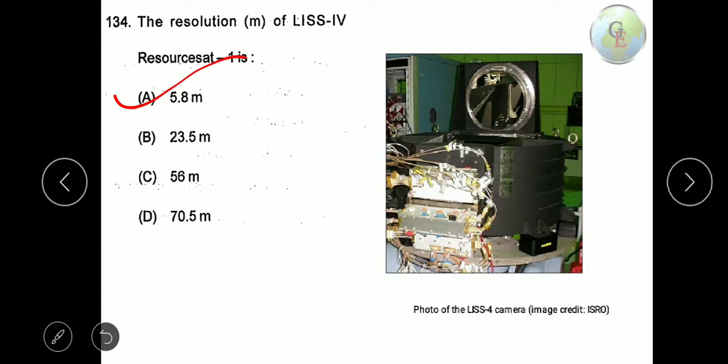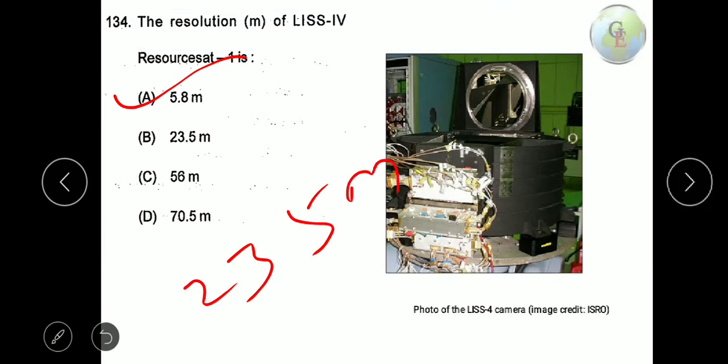I will give some information about LISS 4. LISS 4, as you know, has a resolution of 5.8 meter. Like that, LISS 3 has 23.5 meter resolution.